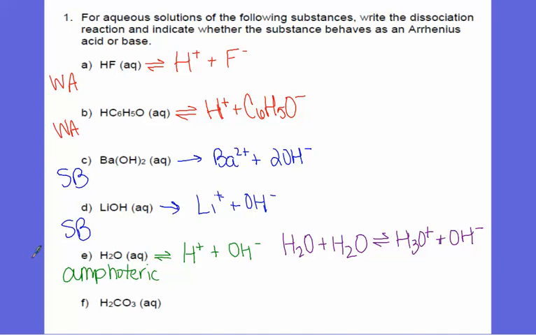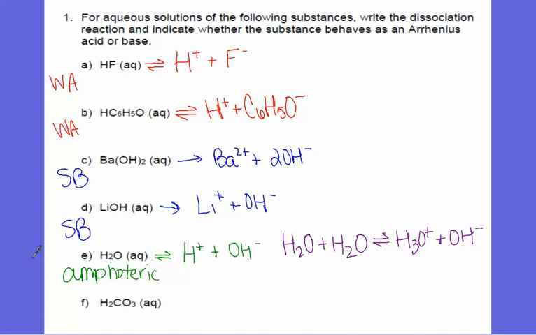If you have a pure sample of water, you should have equal concentrations of hydronium or H+. In chemistry, we use those interchangeably. Biology, not necessarily. So we have equal amounts of hydronium and hydroxide. Pure water has 1.0 times 10 to the negative 7 molar of each, and that's what gives it a pH of 7.